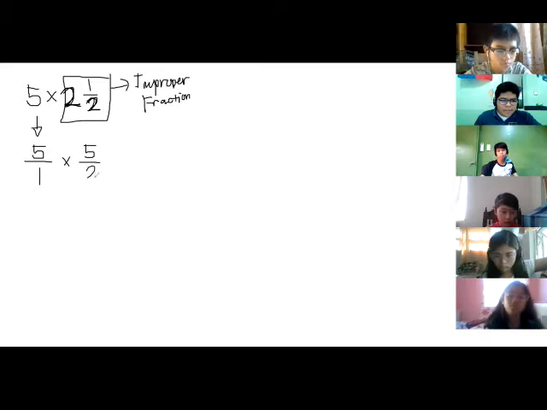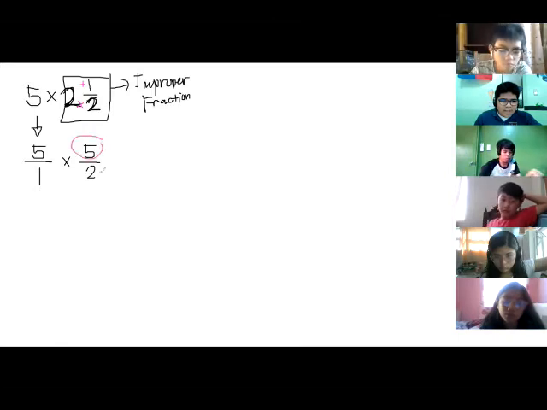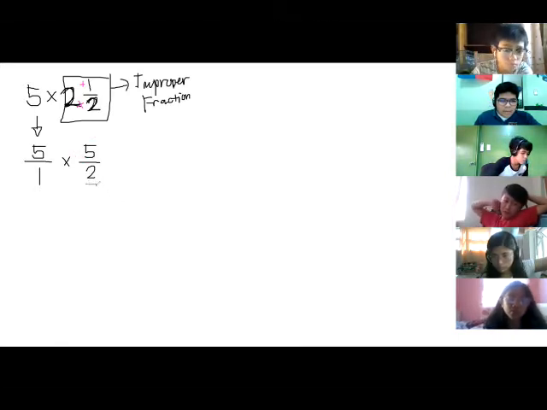Or, another way of doing that para mas madali sa inyo, i-multiply mo itong whole number times the bottom number plus the upper number. So 2 times 2, 4. 4 plus 1, 5. Then copy the denominator. Huwag kalimutan ha.